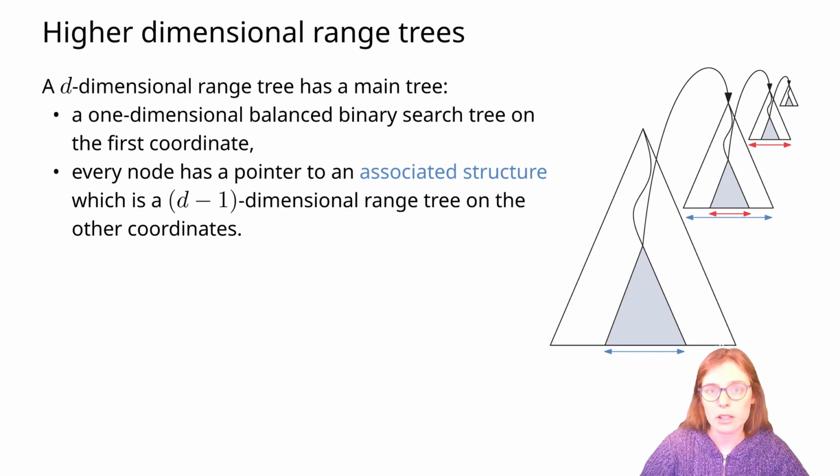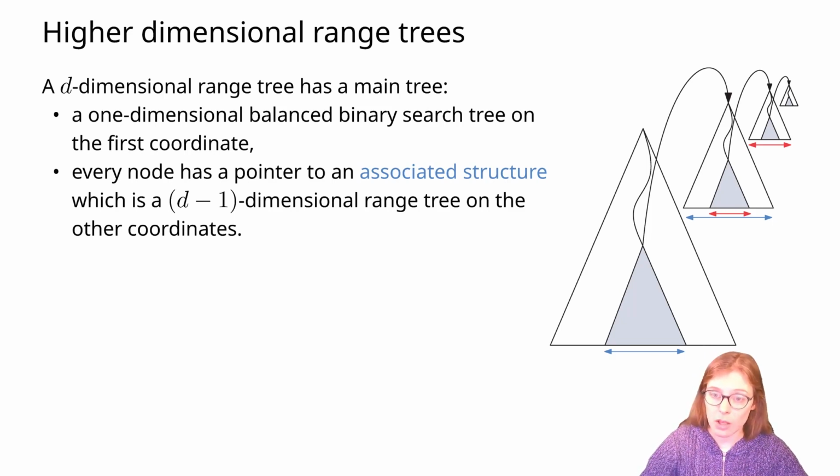Similarly to how we constructed a two-dimensional range tree using a one-dimensional range tree as the base, we can construct higher dimensional range trees. So a d-dimensional range tree will have a one-dimensional range tree as the main tree, and each of the internal nodes will have a d-1 dimensional range tree as the associated structure.